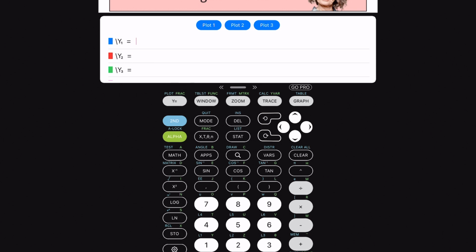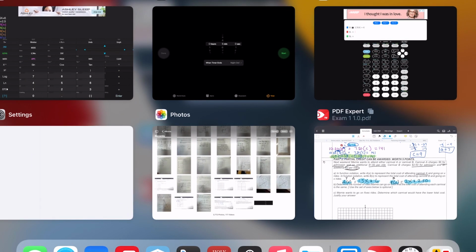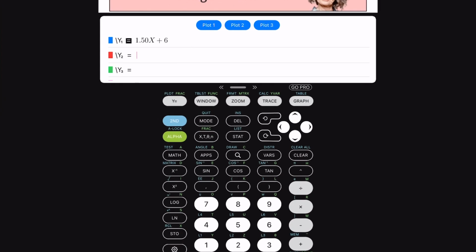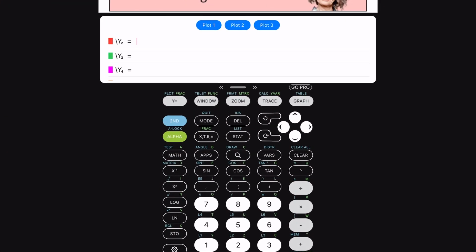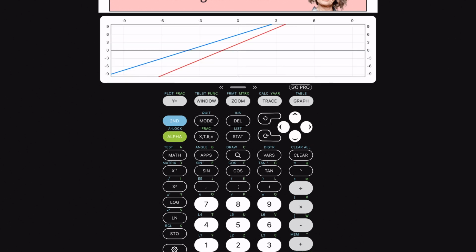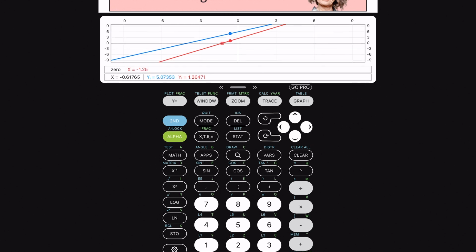So that's going to be 150x, right? It's 150 per ride plus the $6 admission, and y2 is going to be $2 per ride, 2x plus 250 on entry. So we put that in the y equals, then we graph just to see more or less what's going on.